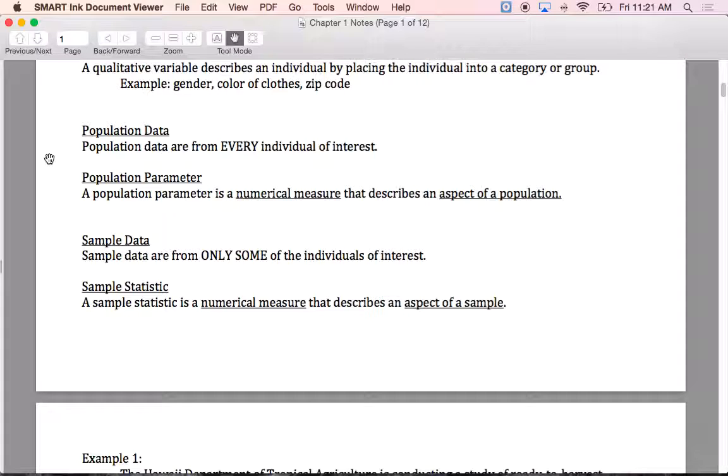Sample is data that are only from some of the individuals, whereas your sample statistic is a numerical measure that describes an aspect of the sample. So a sample mean is only the mean of your sample, whereas the population mean is the mean of the whole population.